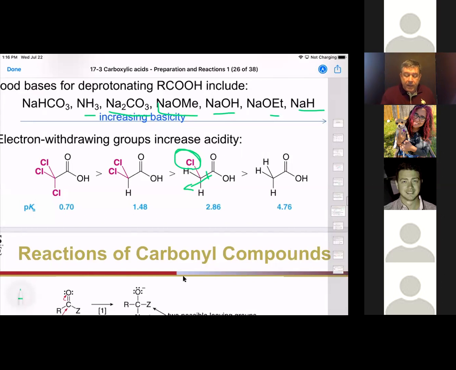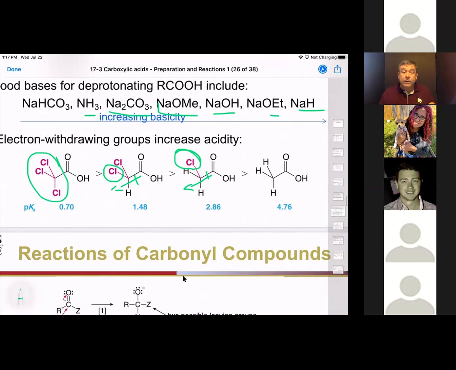Okay. And if you add a second electron withdrawing group to it, it's going to pull even more electron density, making it even more stable, making that even more acidic. And by adding a third one to our system, the effect is increased. So we can increase that by just adding additional electron withdrawing groups.